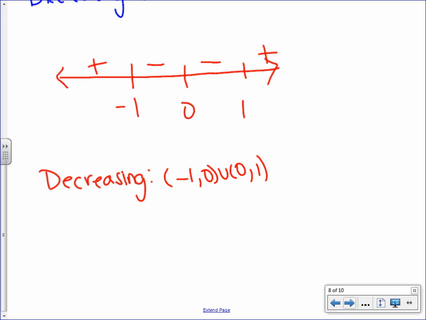What's probably happening is there's like a vertical tangent, so increasing, and then it keeps increasing. That was a horrible drawing.